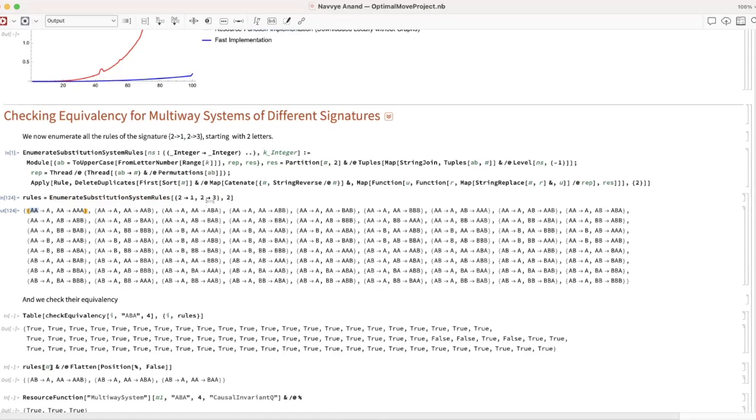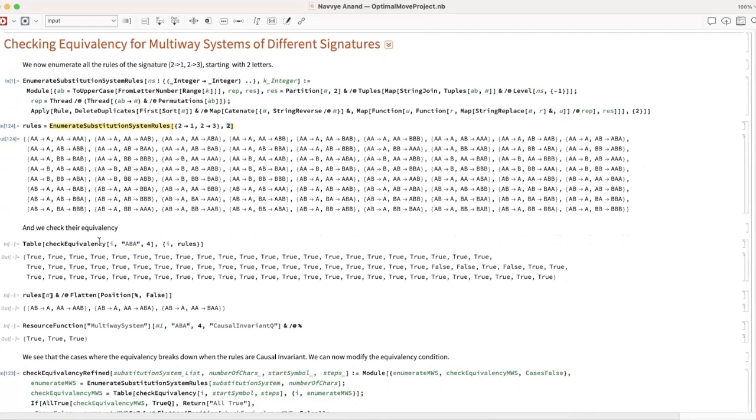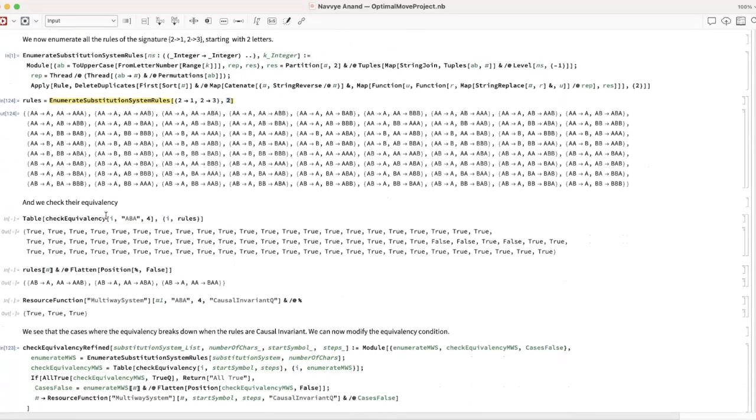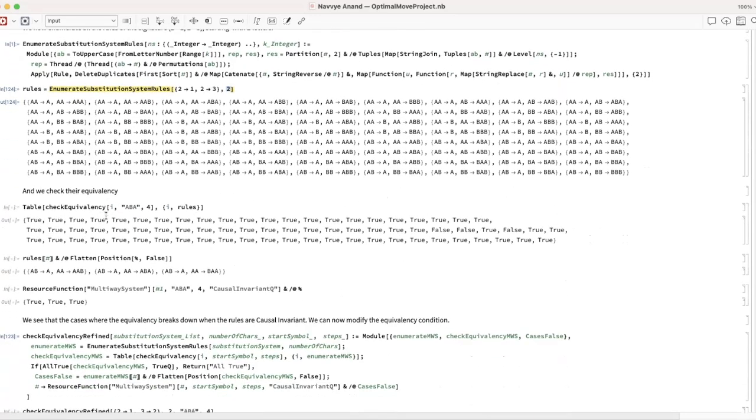And the second string will also be of length 2, and it'll go to a string of length 3. And the 2 over here denotes the letters that you're using. You're using just the first 2 letters of the alphabet, which are A and B. If you were to change it to 3, you could use A, B, and C, and the number of rules would increase. We now check the equivalency for all of them. And we realize that there are cases where the equivalency does not hold.